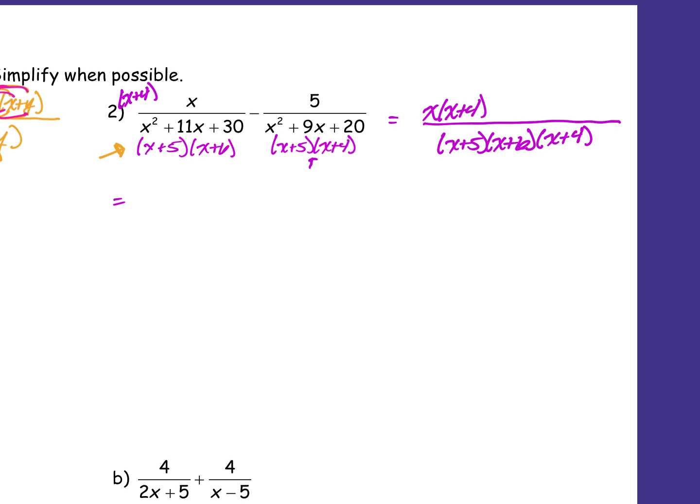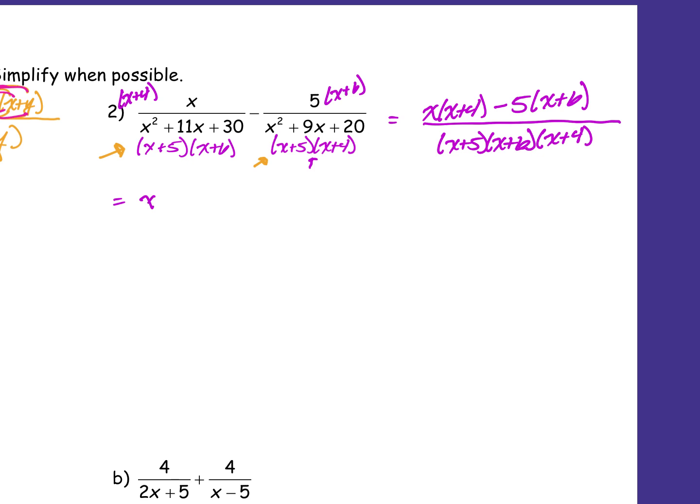And what is my second denominator missing that my common denominator has? X plus 6, right? Minus 5 times x plus 6. Okay, that's not going to be that bad. I thought it was going to be a lot worse.